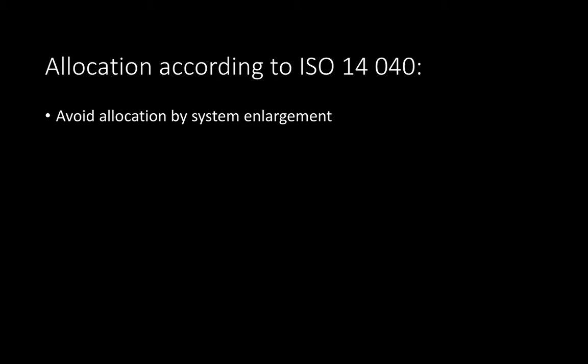The second, after avoiding allocation according to ISO 14040, is to see if there are any physical connections between the production of two different things. This is basically only applicable in the chemical industry.